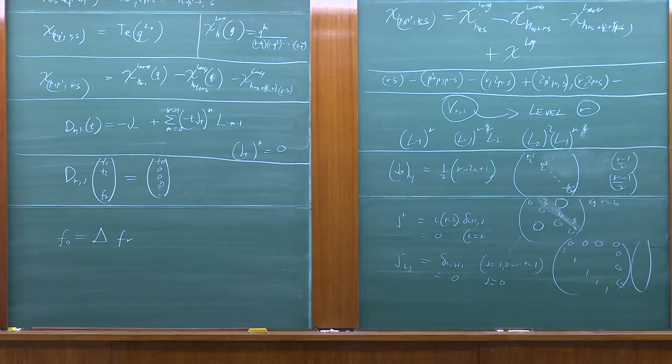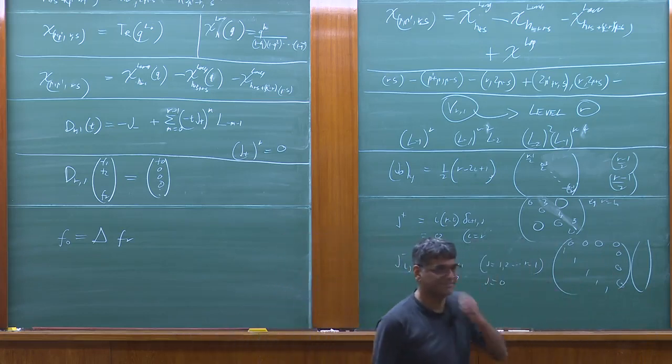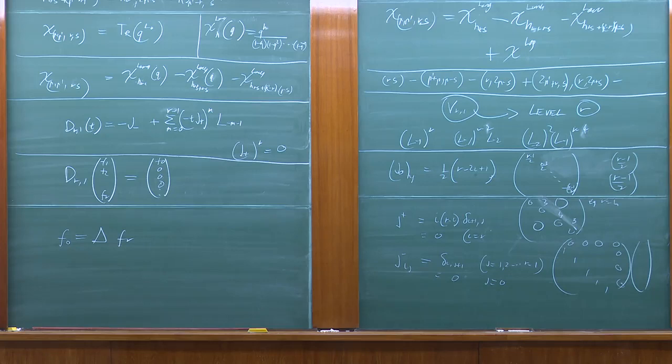So fr is the primary and f0 is the descendant, the null descendant. The others are something different. The others, no interpretation. They're just part of the procedure. The final answer is only f0 as a function of fr. Okay, this is the claim.